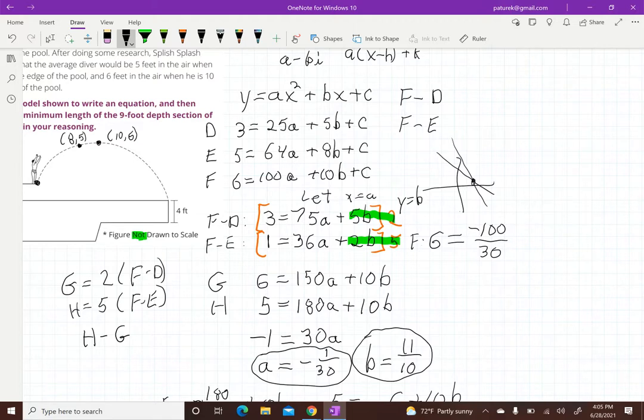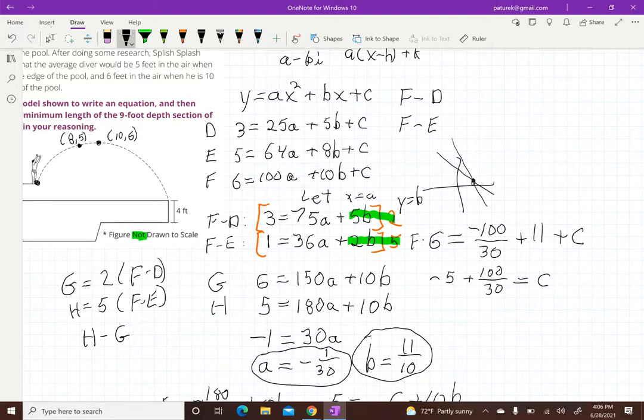Let's see, plus 10 times b is plus 11, because 11 divided by 10 times 10 is 11. And the last term is plus c, the one unknown that we have. If I subtract 11 from both sides, 6 minus 11 is negative 5. If I then add 100 divided by 30 to both sides, that will give me the value of c.